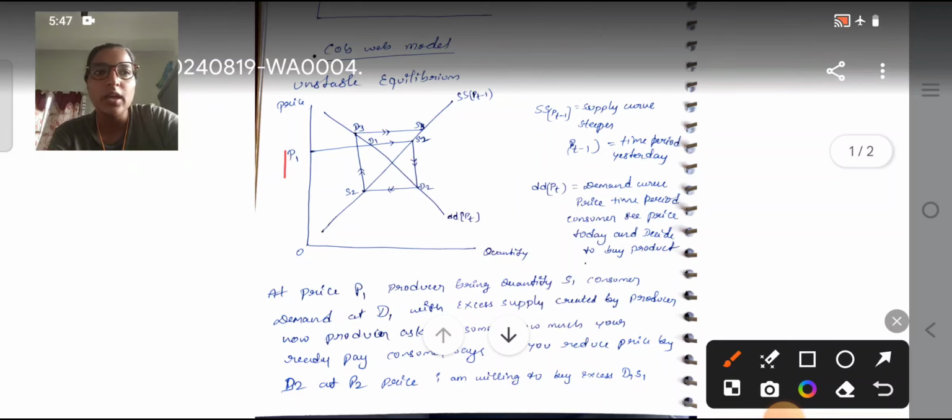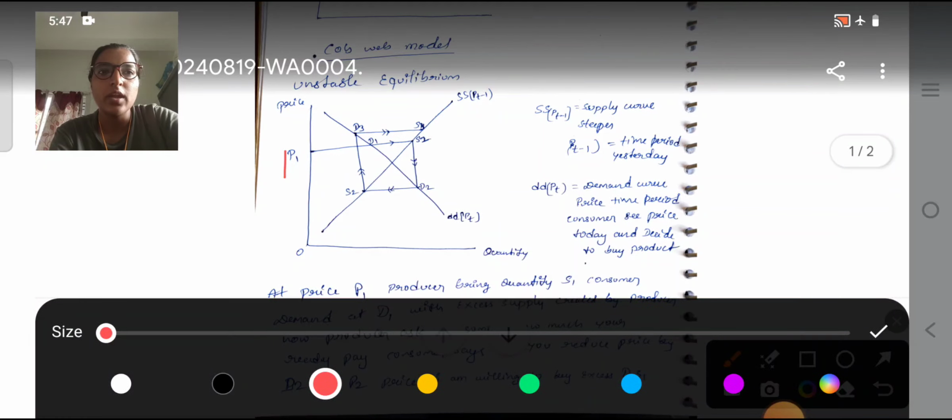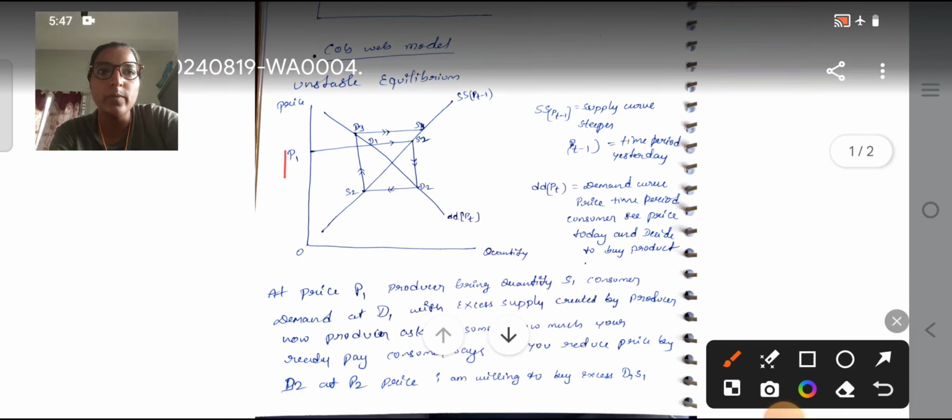Now the producer will say, okay, if you want to buy at the D2 level, the excess quantity as well as all quantity, I am not going to sell you at the original price, I am reducing my quantity to S2. With the quantity reduced, the consumer will say, okay, now I am ready to pay you D3 amount, which is P3.